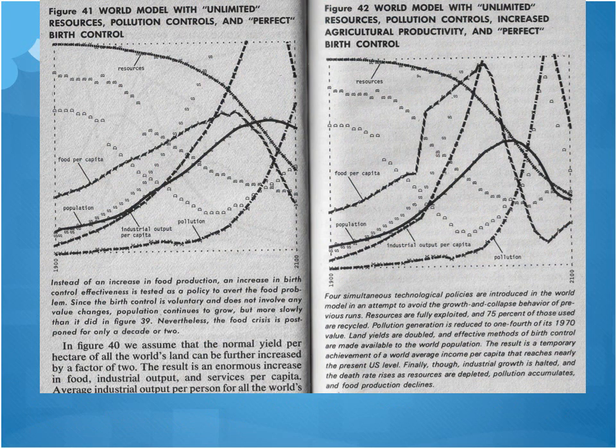So what happens if you have unlimited resources, pollution controls, and now you have birth control? So you have a way to control population by regulating the birth rate. Okay, that's the scenario on the left. And the scenario on the right is the same, but it has the increased agricultural productivity, so more food production.